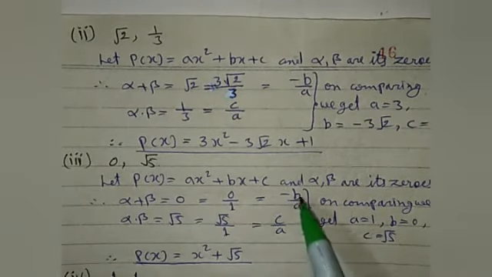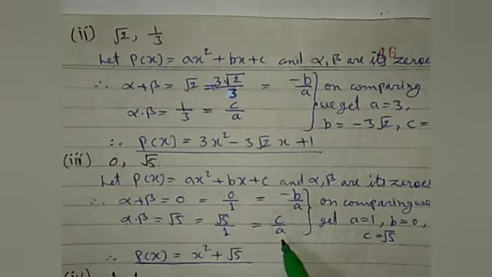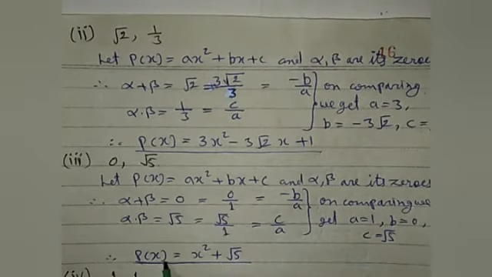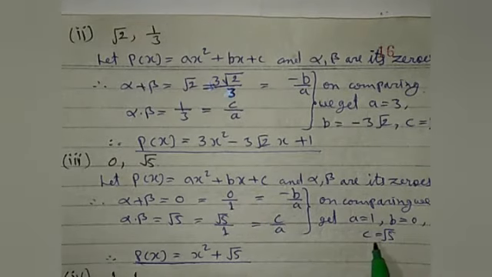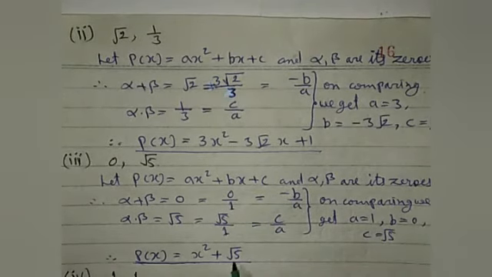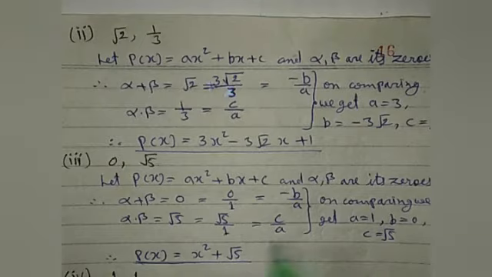So here it is equal to minus b upon a and it is equal to c upon a. On comparing both relations, you will get a equal to 1, b equal to 0 and c equal to root 5. So the polynomial will be p(x) equal to ax square, meaning x square, plus bx, which is 0, so there is no term of x, and plus c, which is root 5. So you will get x square plus root 5.